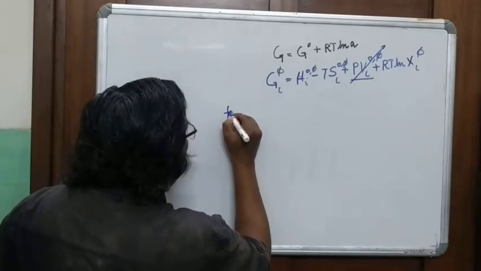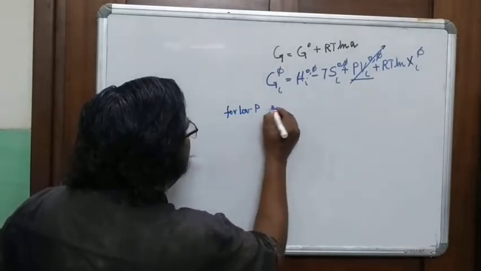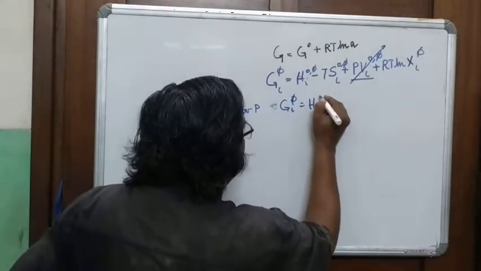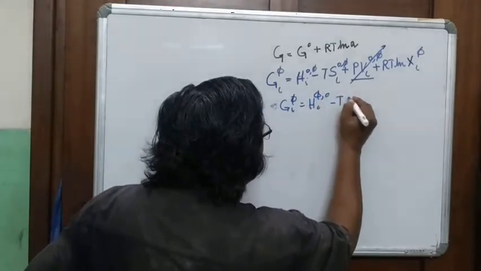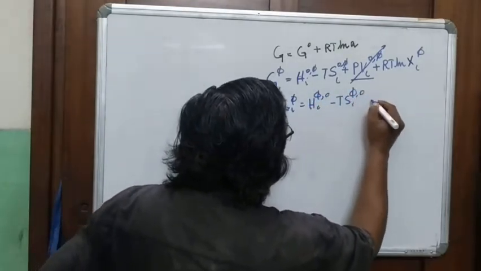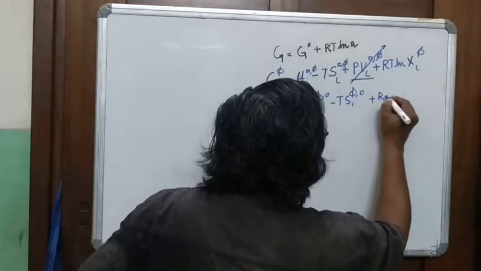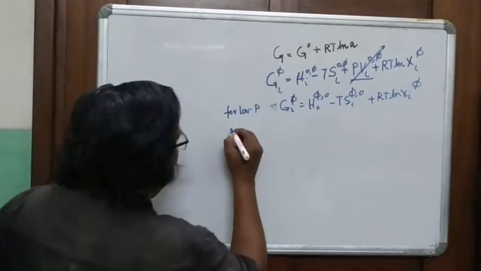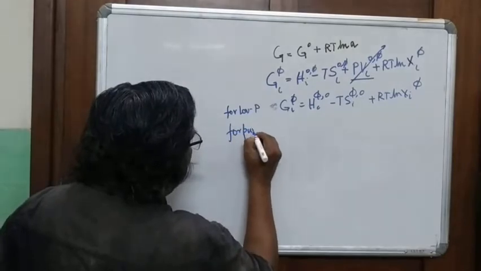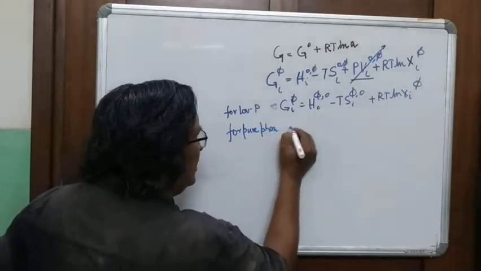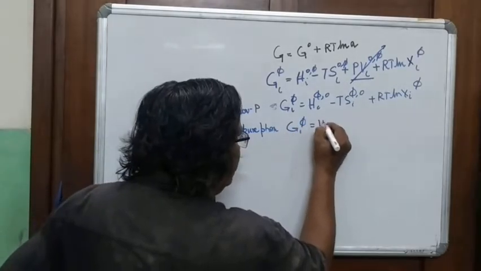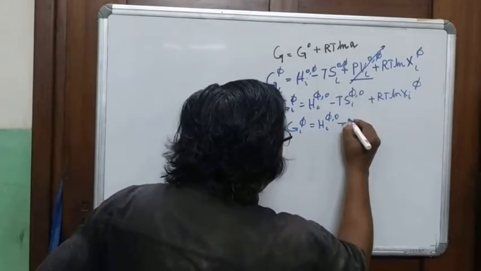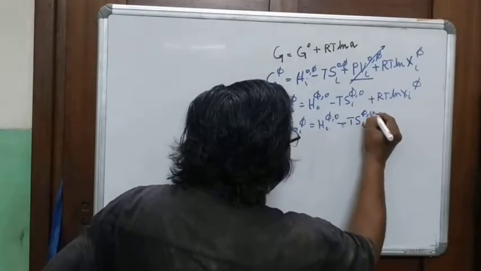For low pressure, G_i^phi should be equal to H_i^phi0 minus T S_i^phi0 plus RT ln X_i^phi. For a pure phase, G_i^phi should be equal to H_i^phi0 minus T S_i^phi0.